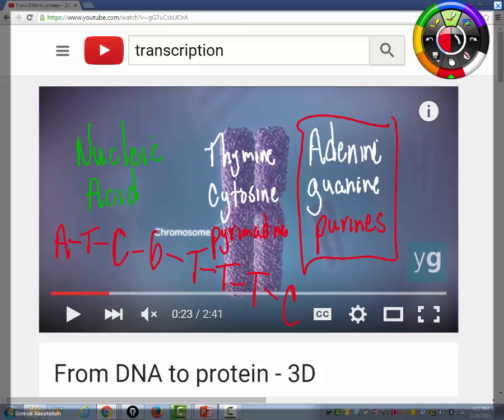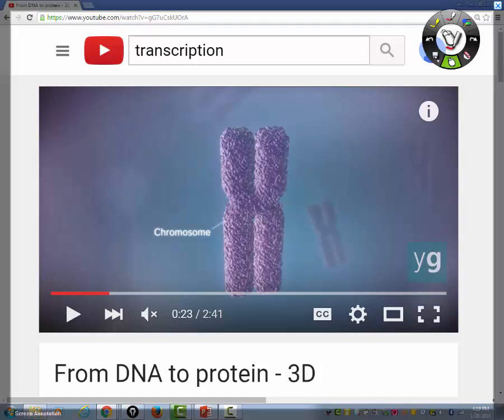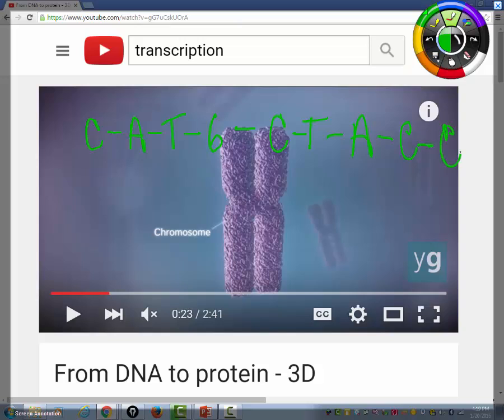So what happens in a big, long strand of DNA, if you take, and I'm making this up, A, T, G, C, T, A, C, C, C. This single strand of DNA is very unstable. But the body does stuff that makes sense.